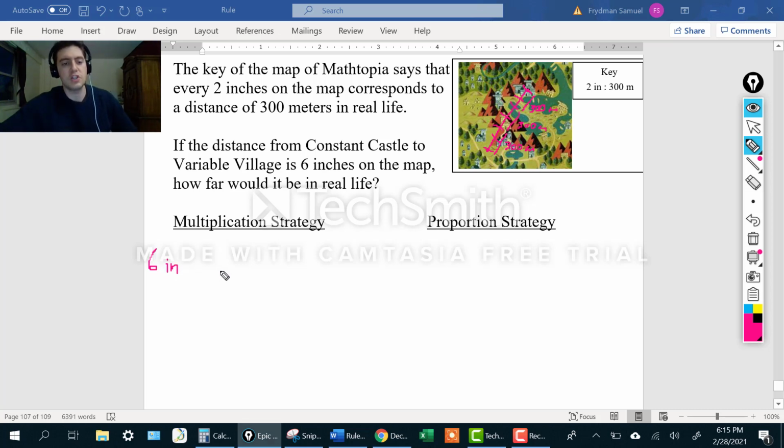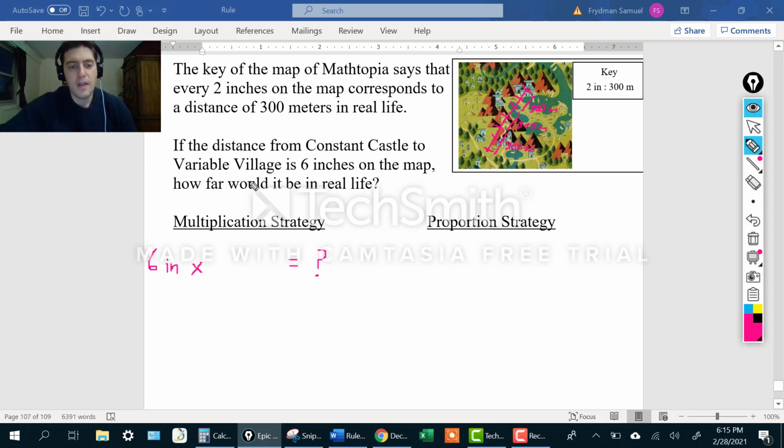That means 6 inches. Now I'm going to write a multiplication symbol, and then I'm going to leave a little bit of space here for now, and I'll write an equal sign over here. You'll see why I'm doing this in a minute. And then over here, I'm going to put a little question mark because I want to know how far they are in real life, but I'm also going to put the units that I'm looking for.